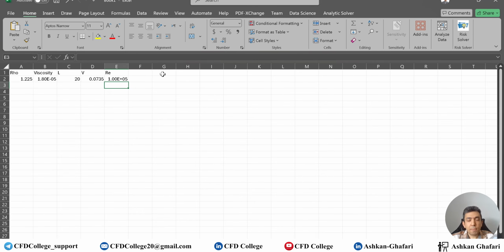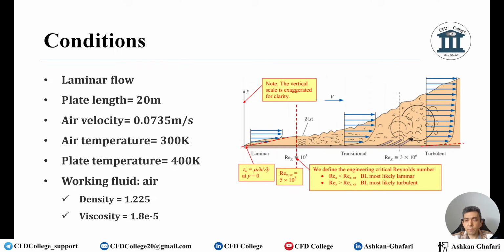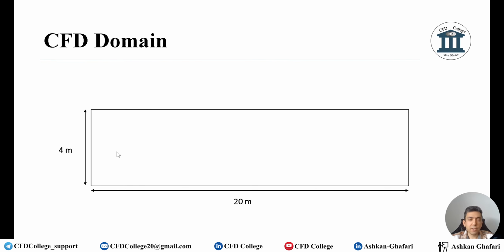And when you want to create your domain, this height is important. Since we have the length of the plate, it's better to calculate the delta, the thickness of the boundary layer, to be sure that we have enough space above the boundary layer.